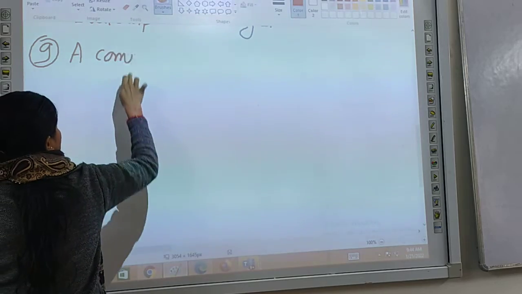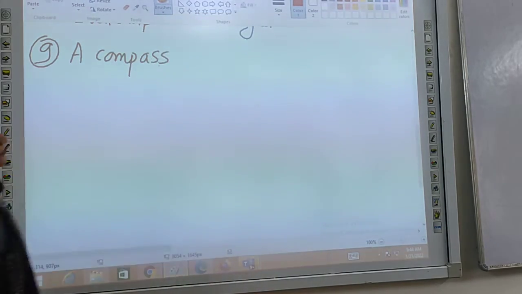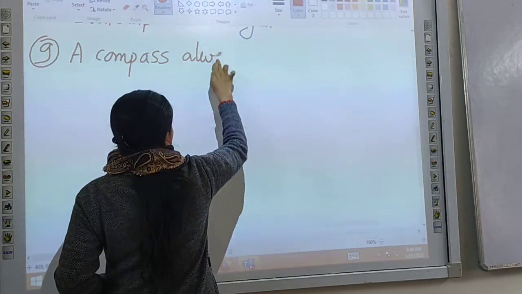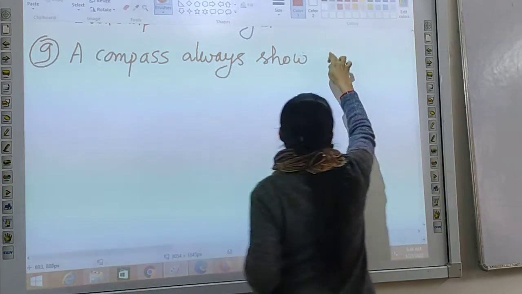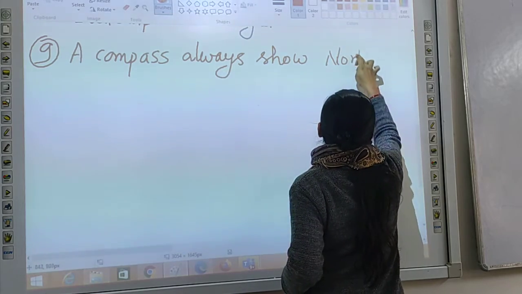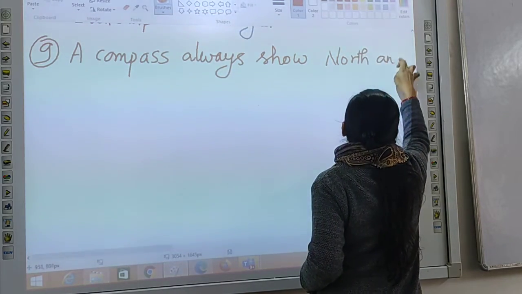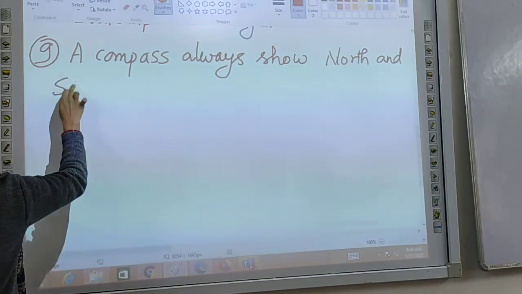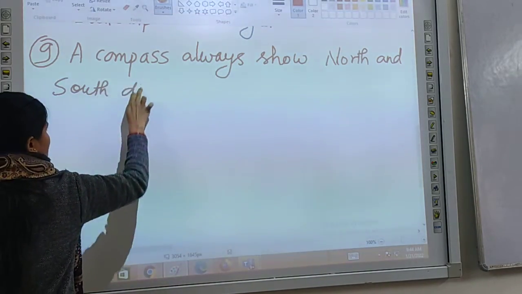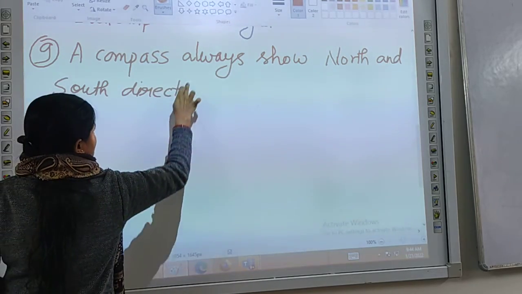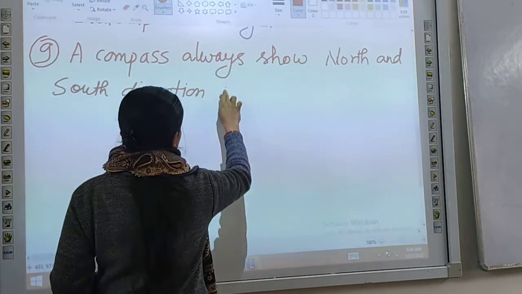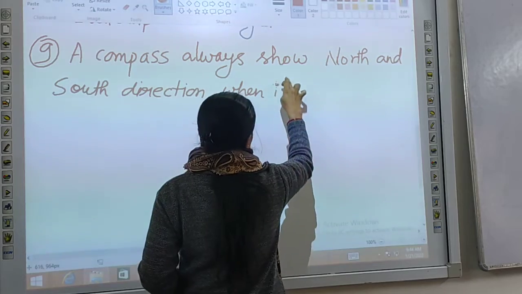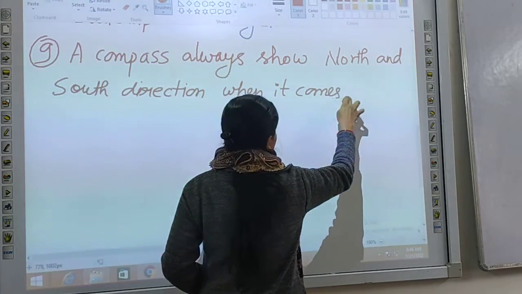A compass always shows north and south direction when it comes to rest.